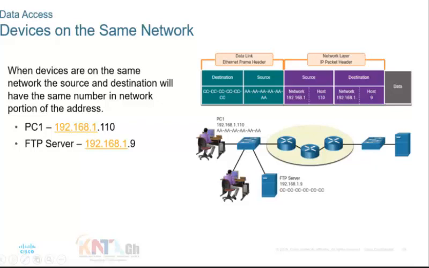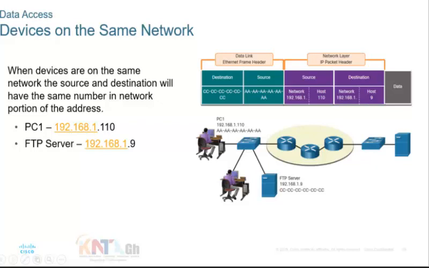It tells you that this is a class C address. 192.168.1.1 is the source, and 192.168.1.9 is the destination address. Both devices are on the same network, because the first 3 portions taken by the network are the same. This only signifies that the first device has a number of 110, or 110 hosts, and there are other destination devices.